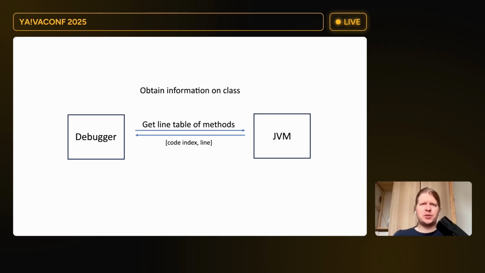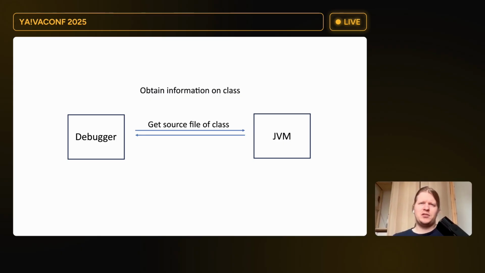And then the debugger needs some information, especially because it wants to set some breakpoints. So the debugger asks the JVM, hey, give me the line tables of the method. That's essentially a mapping of the code index in the bytecode to the line number, so it can easily say, okay, I want to set a breakpoint at this bytecode index.